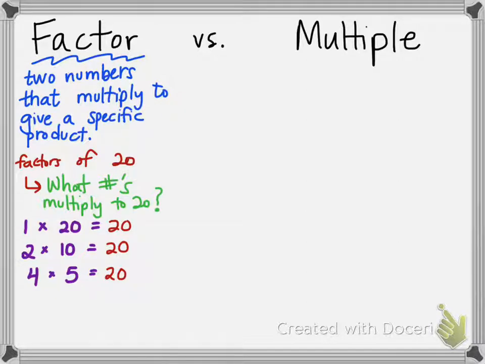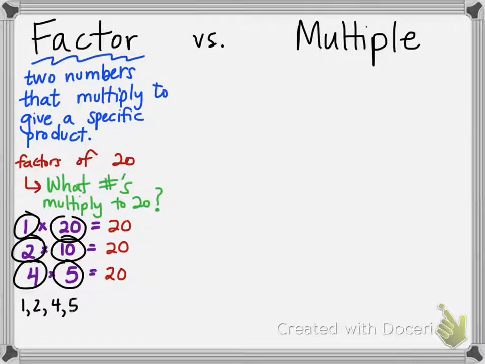So what we see here, all of these numbers that we have used, 1, 2, 4, 5, 10, and 20, those are all factors of 20.